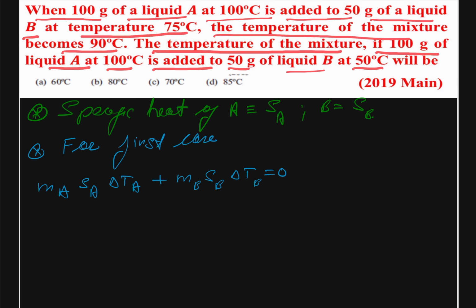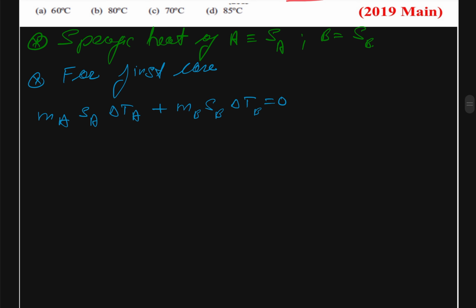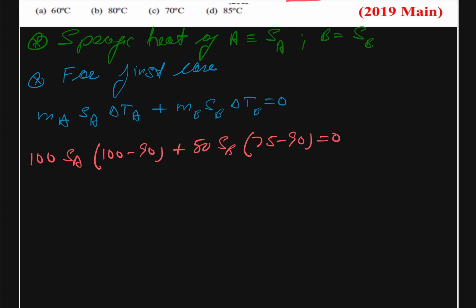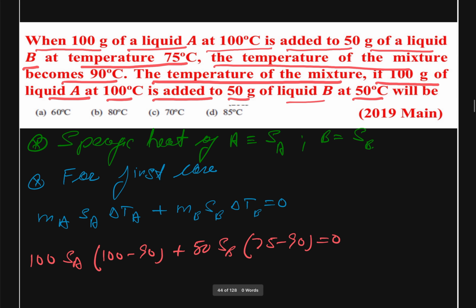In terms of negative we can write it, but in summation it is quite easy to remember. Now we simply substitute the values. So we have this as 100 SA into (100 minus 90) plus 50 SB into (75 minus 90) is equal to 0, because this is nothing but based on our conservation. So heat lost by the one will be heat gained by the other.